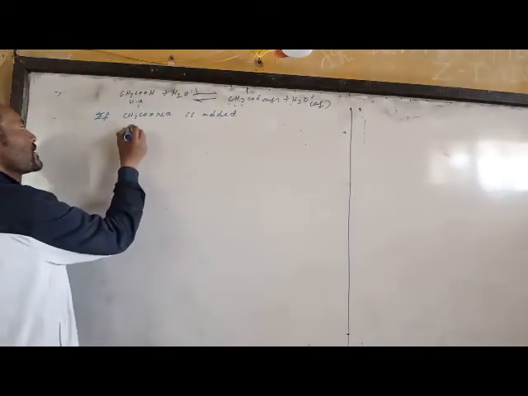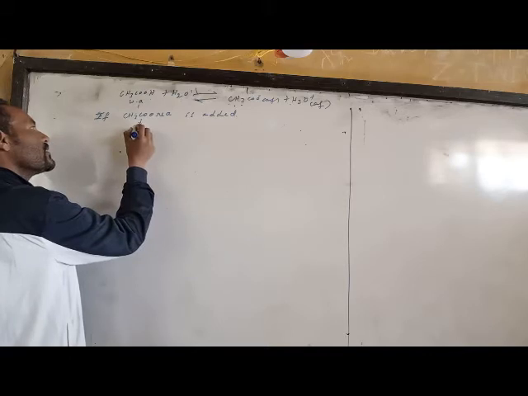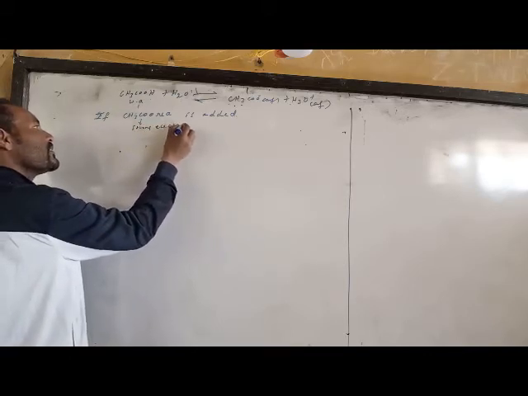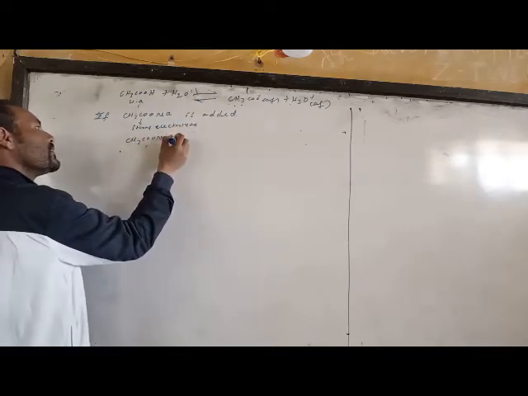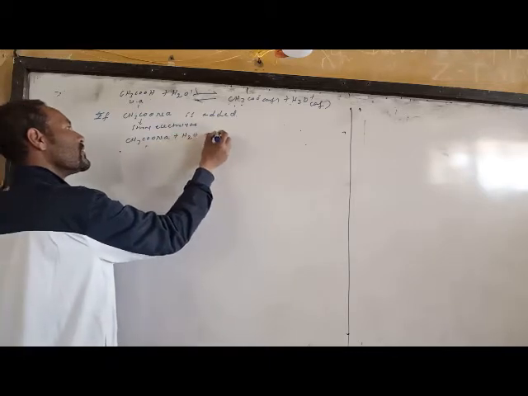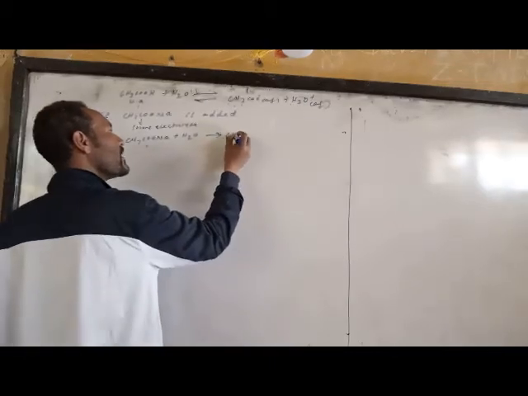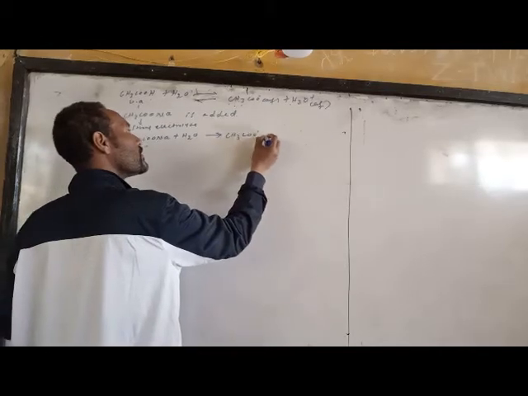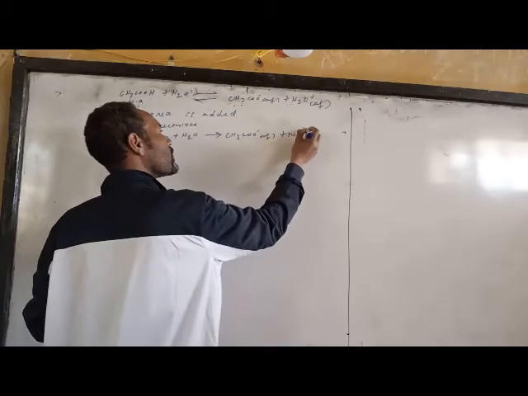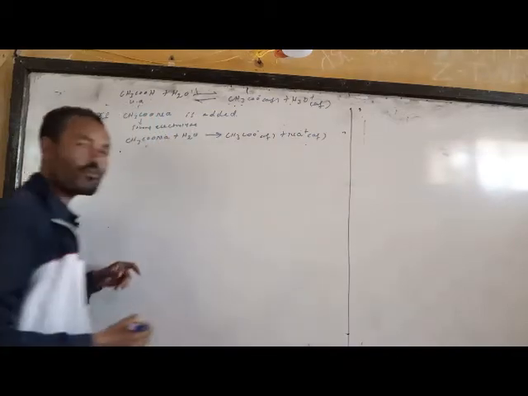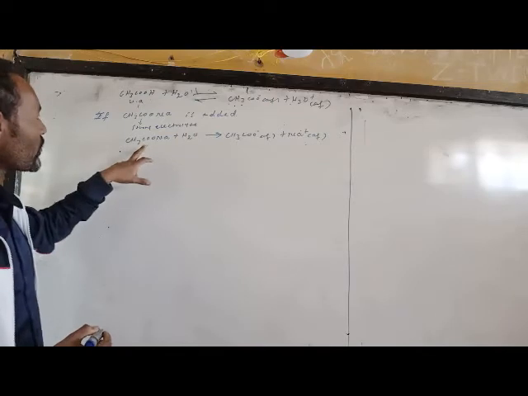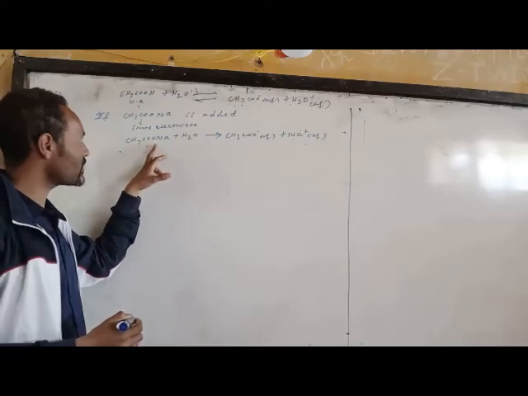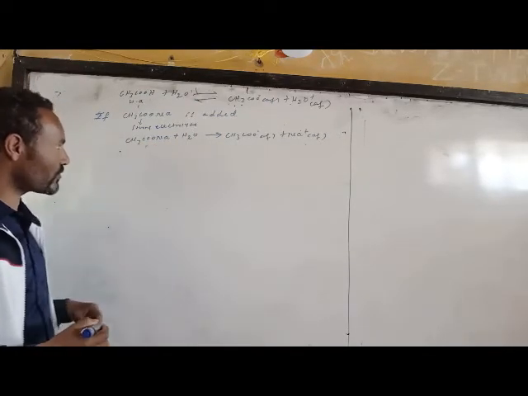First, since this is a strong electrolyte, when it is dissolved in water, it forms acetate ion and sodium ion. This dissociation is a complete dissociation producing the same number of moles of the reactant that is dissolving in the water.